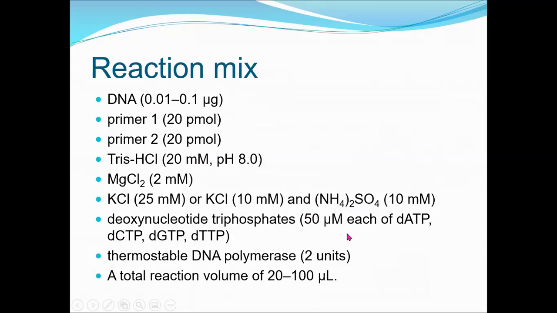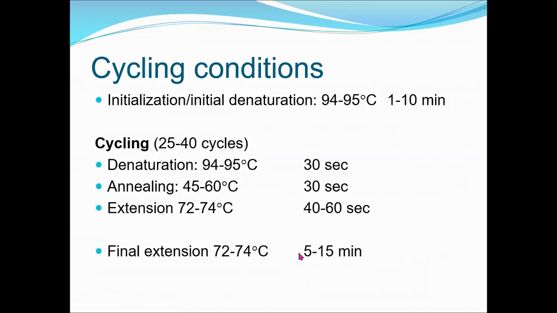Then dNTPs, 50 micromolar each, so together 200 micromolar. Then a thermostable DNA polymerase, 2 units for each reaction. The volume should be around 20 to 100 microliters in the PCR tube, and the cycling conditions could depend on the template and the Tm of the primer.